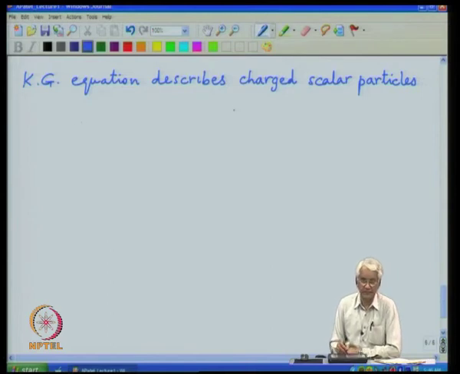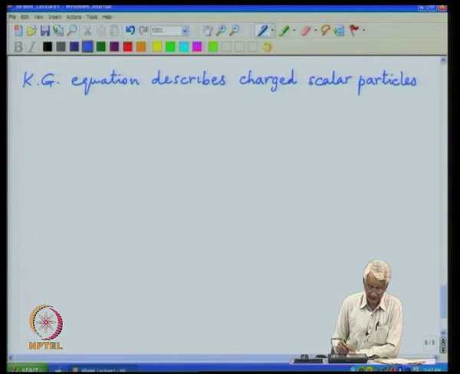These are not the fundamental particles of atoms like electrons and protons, but we do have other charged objects which are created at high energy accelerators.